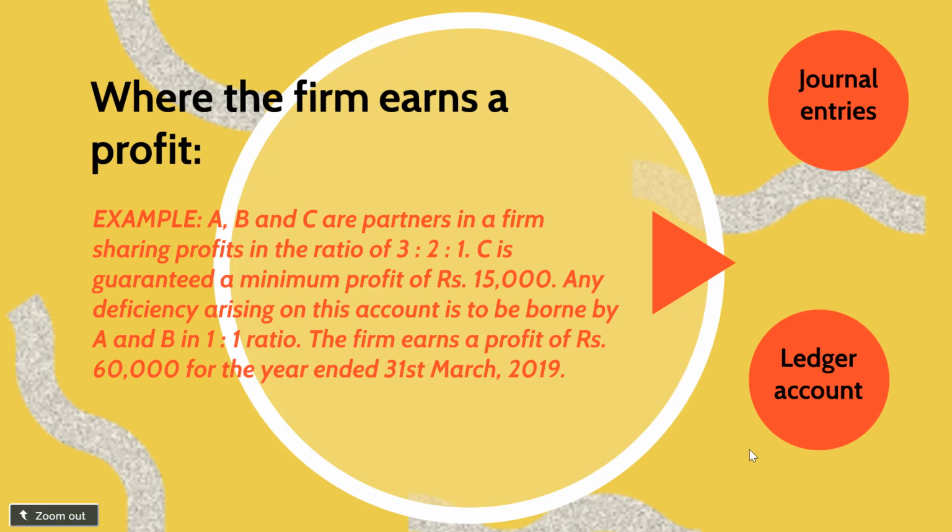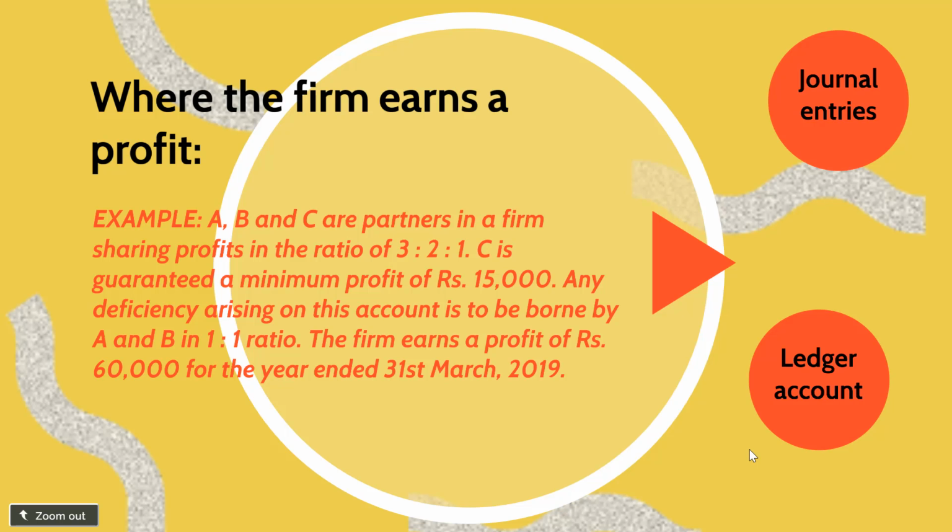So as per the previous video that we learnt, the amount of deficiency is equal to rupees 15,000, which is the guaranteed minimum profit, minus the profit which is earned by C as per his profit sharing ratio, in this case 10,000.